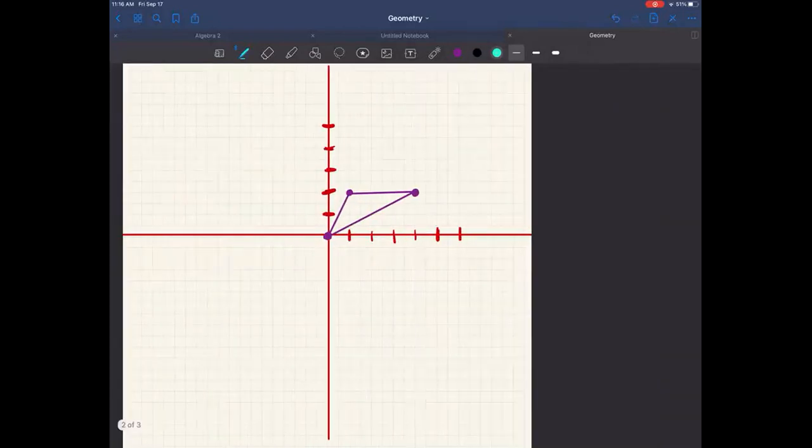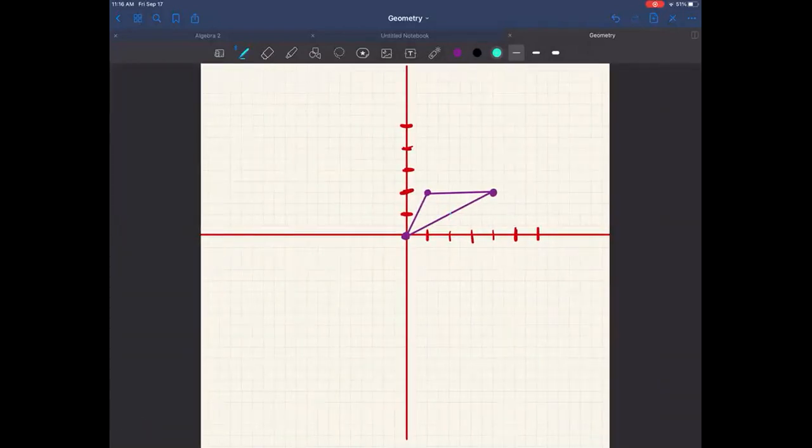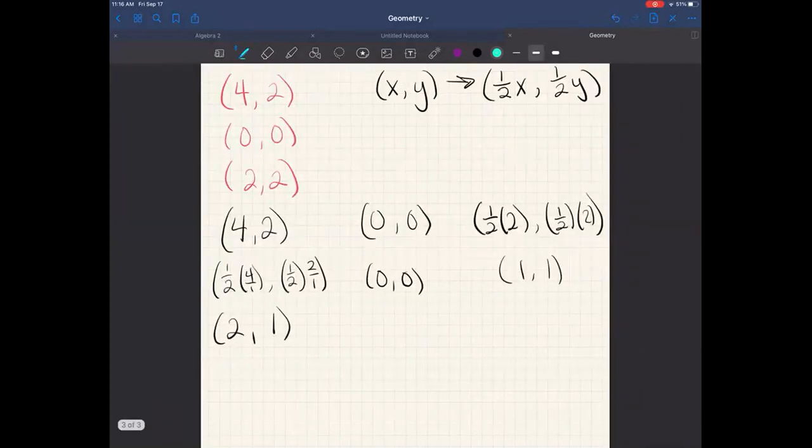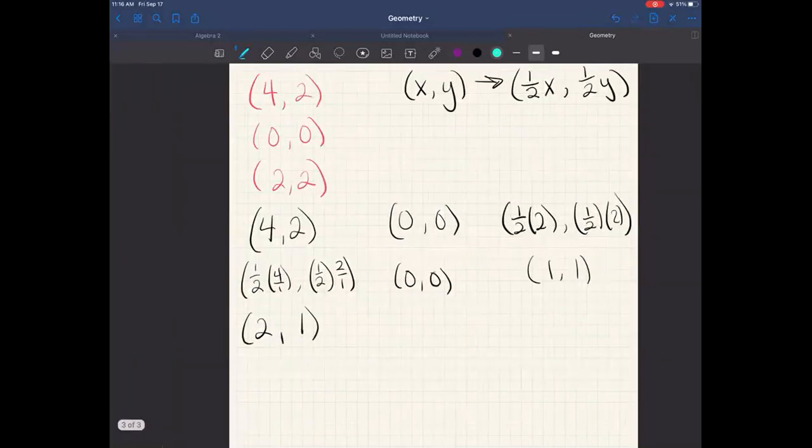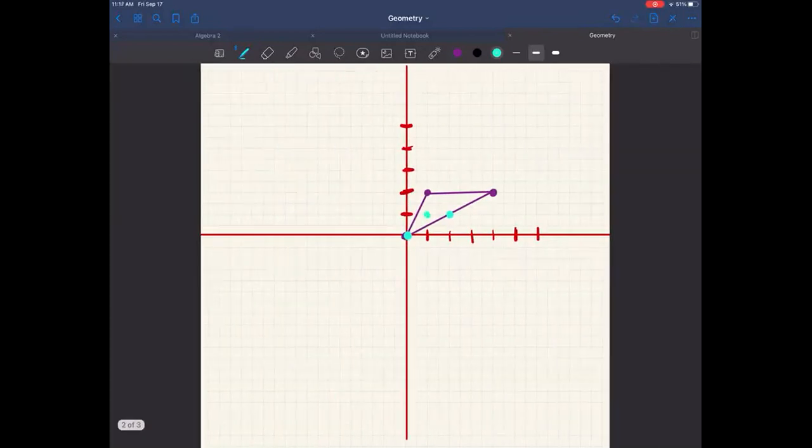What do we have? 2, 1, 0, 0, and 1, 1. So as we can see, we now have a little bitty triangle.